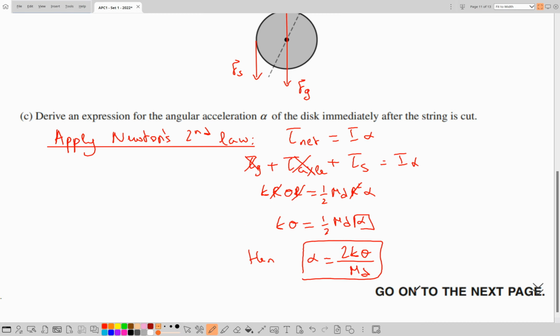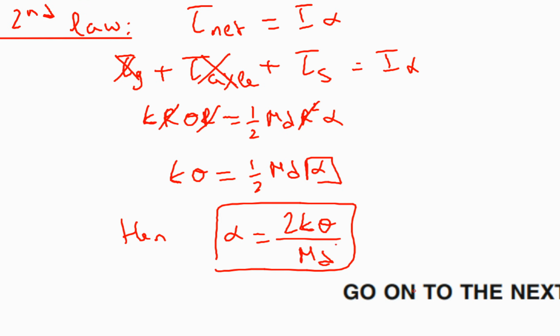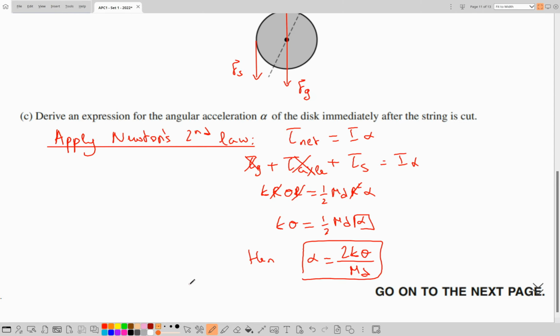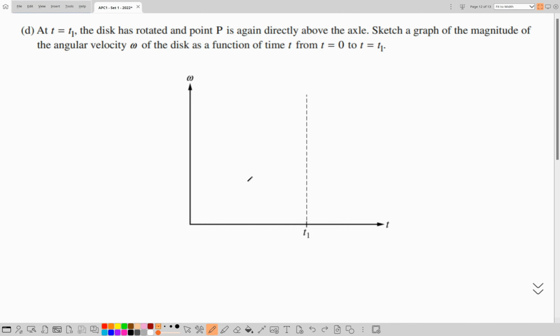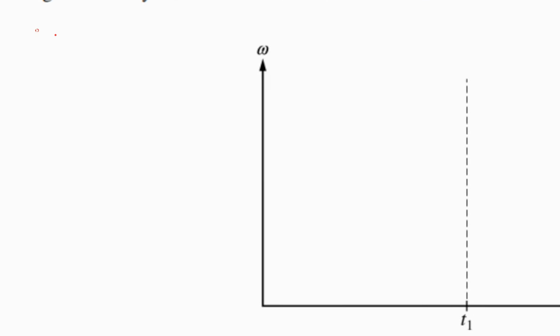Notice here carefully that alpha is proportional to the displacement, which means that we're talking about a specific type of motion due to a restoring force, and we know that this type of motion would be oscillatory motion. And whenever we need to plot the variations of omega or alpha for such type of systems, we know that they will be related to a cosine or a sine function, because simply the acceleration is related to the position, or alpha is related to theta, or proportional.